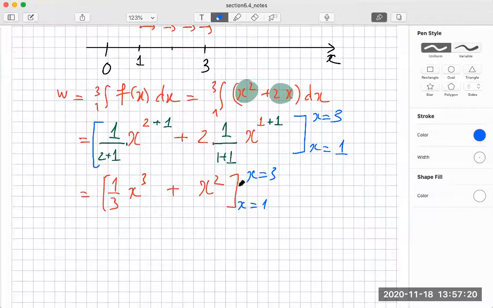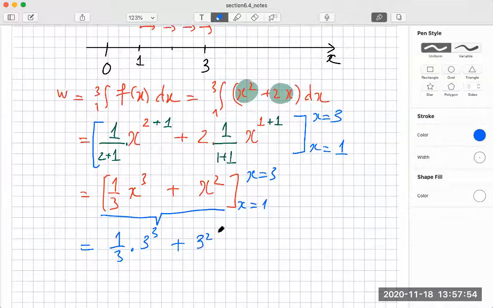We need to evaluate the upper limit first, okay? To avoid mistakes, let us write the whole function here with the evaluation at x equals 3, which is 1/3 times 3 cubed, right? And 3 squared.